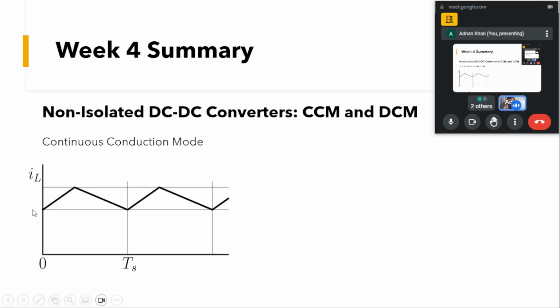Now let us see the discontinuous conduction mode. When can this current come into discontinuous conduction mode? If somehow this ripple increases: first it was getting to this point and coming back to this point, and this was the average value. If somehow this ripple increased and it got up to this value and then came back down to this value, our ripple is increased.